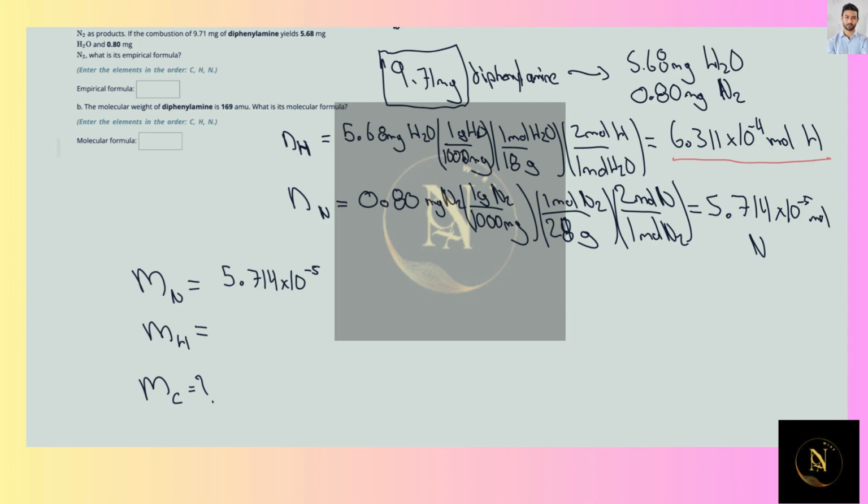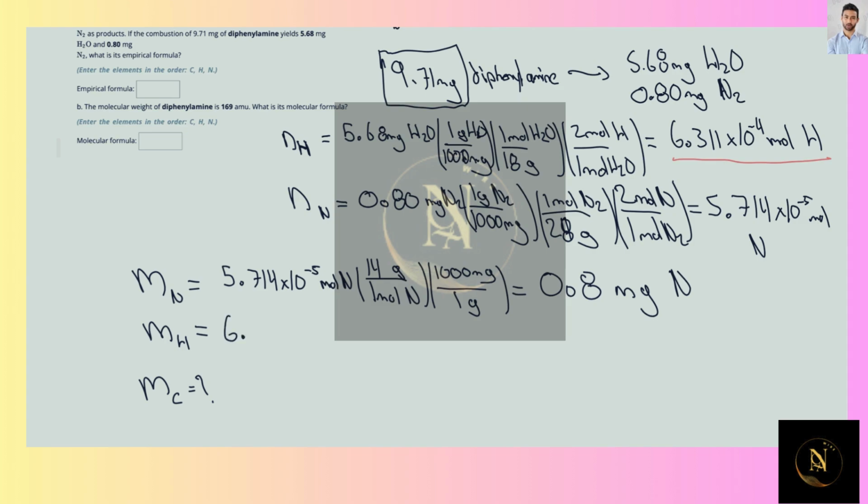We're going to begin with the amount of mole of nitrogen that we have, and we know that 1 mole of nitrogen is going to have an atomic mass of 14 grams. In addition to that, 1000 milligrams corresponds to 1 gram. So the result over here would be 0.8 milligrams. This is going to be the mass corresponding to nitrogen.